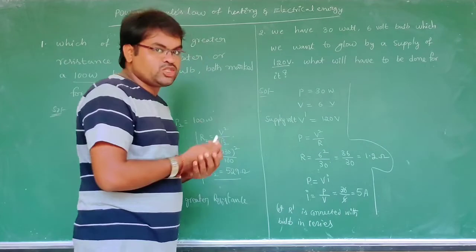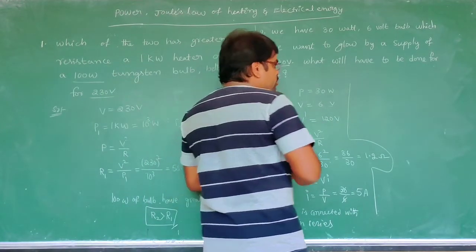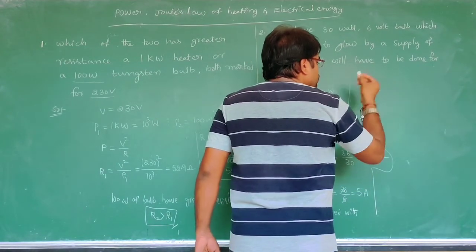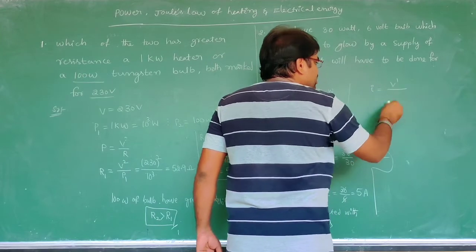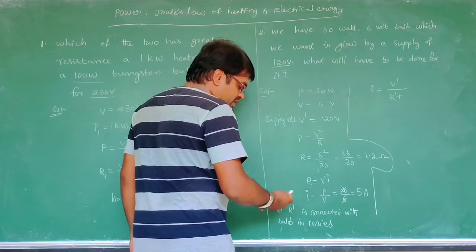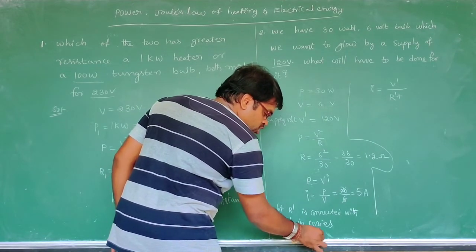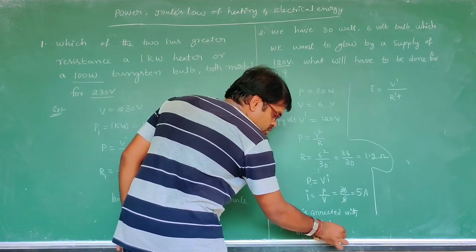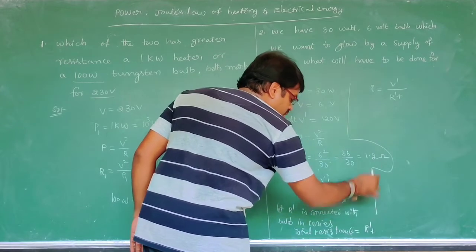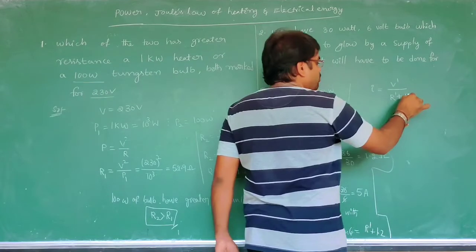Then how much voltage can we supply? The supplied voltage is V dash. We can write I is equal to V dash by the total resistance, which in series is R dash plus the bulb resistance 1.2.